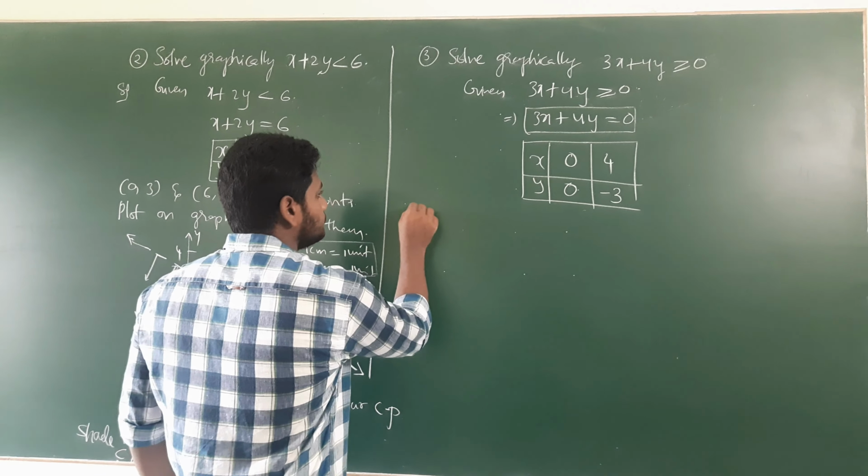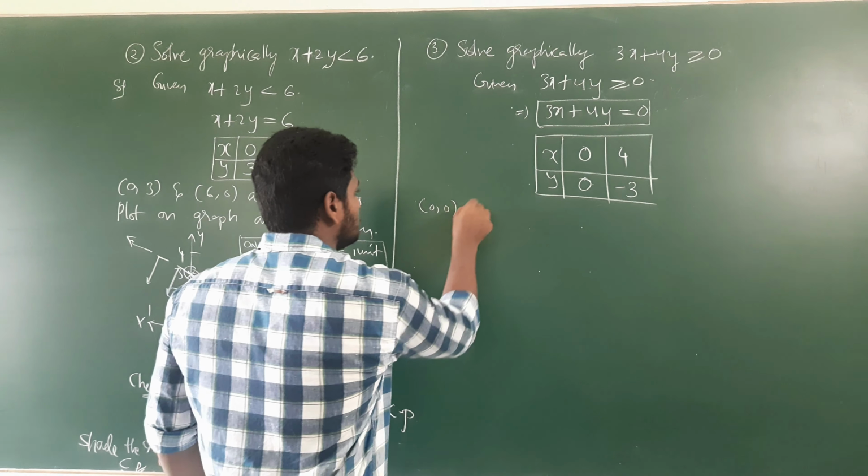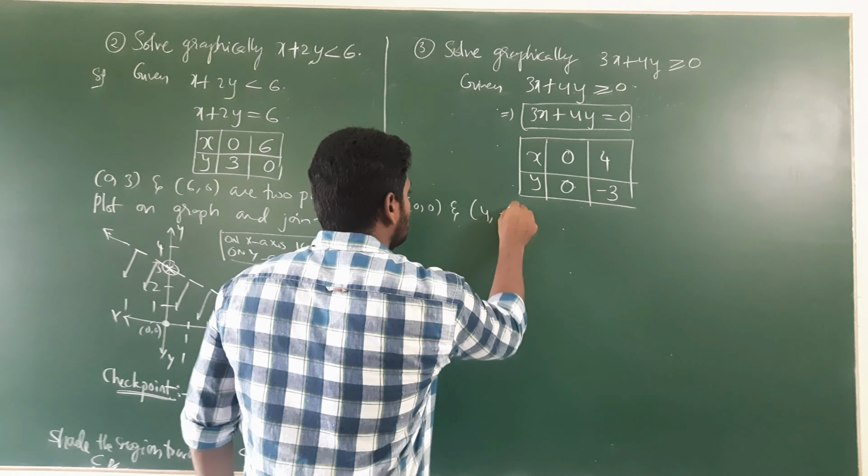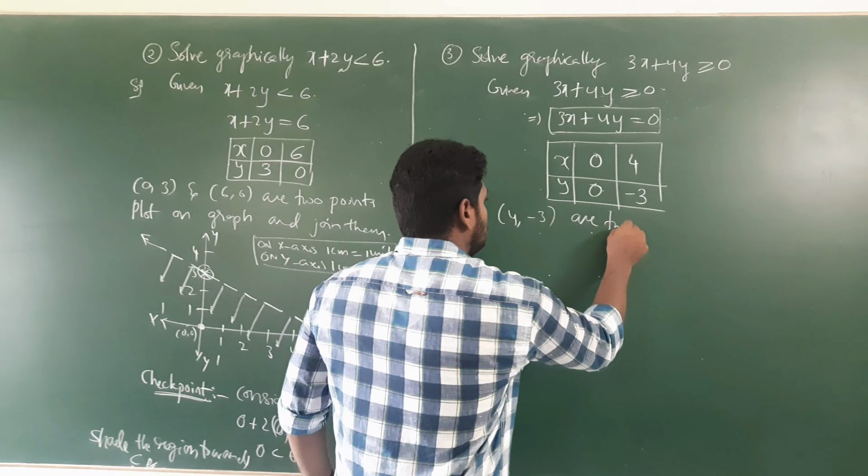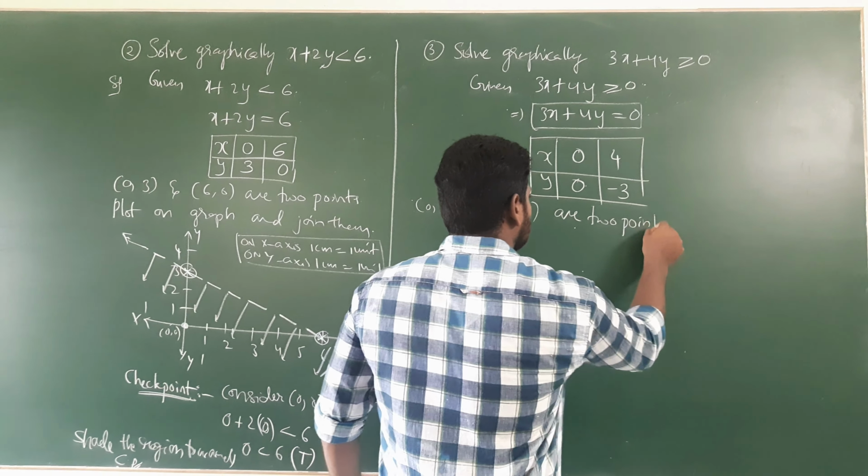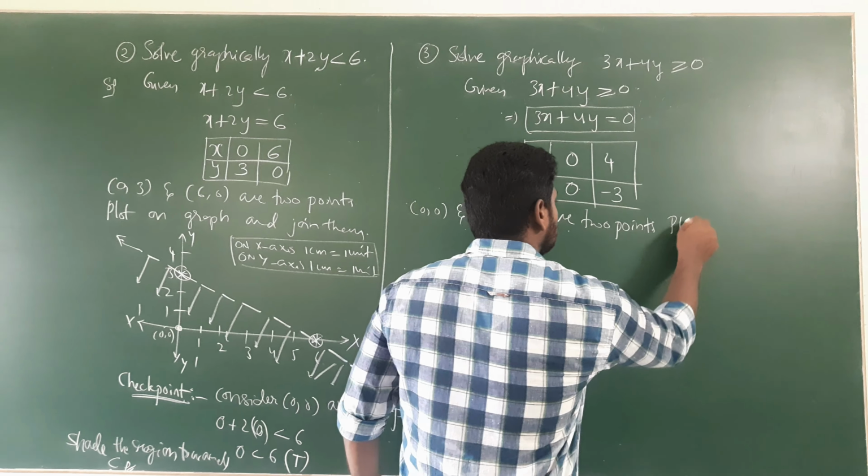What are those points? (0, 0) and (4, minus 3) are the two points. Plot and join them on the graph. Now, the graph is like this.